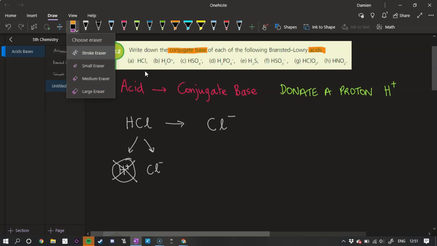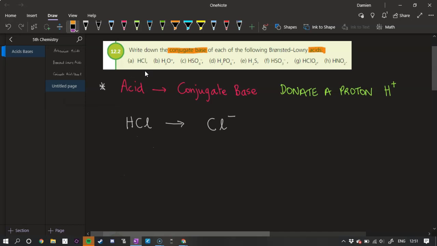On the next one, we've got H3O+. Same thing here: if you remove an H+, you're not just removing an H, it's an H+. That's going to give you H2O, because obviously you've lost a hydrogen, but also you're losing a plus. So this single plus that's here ends up becoming neutral.